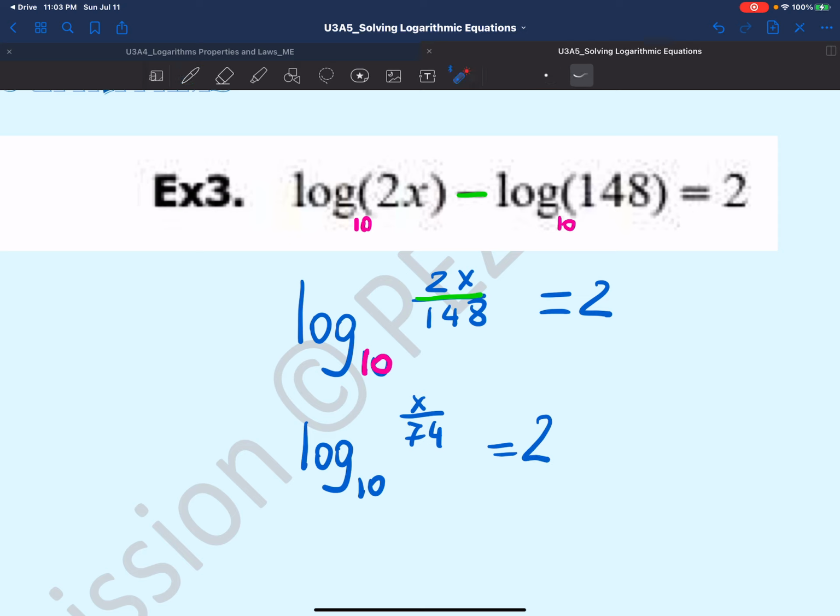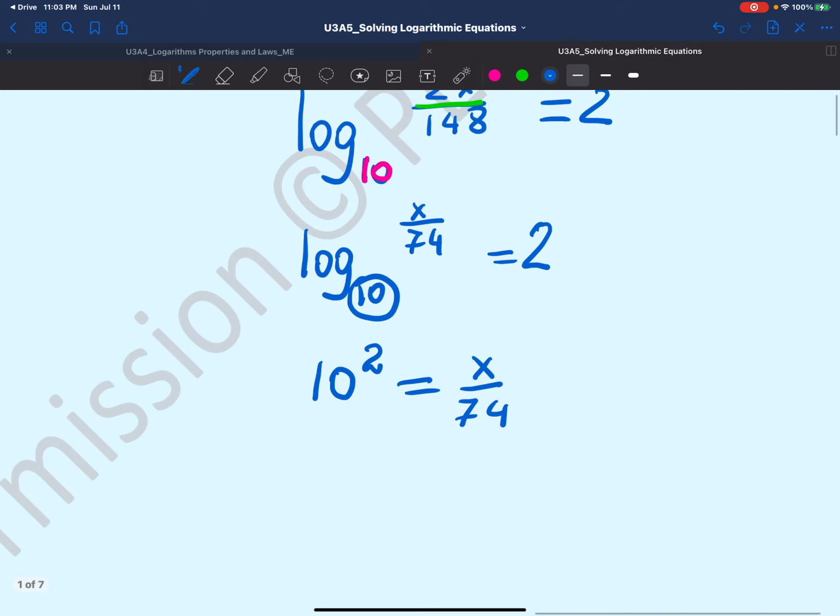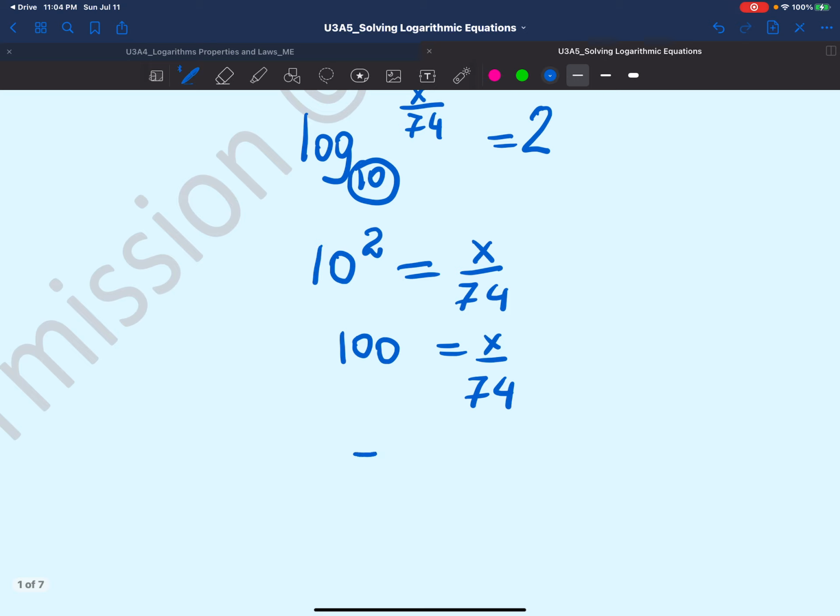To solve for x, which is inside the log, now we are going to convert this log statement into an exponential statement, which means that I'm going to take the base of 10 and bring it to the power of 2. 2 is the log, or the exponent, equals x over 74. So 10 to the power 2 is 100, which will make x equal to 7,400. And voila, this is the answer.